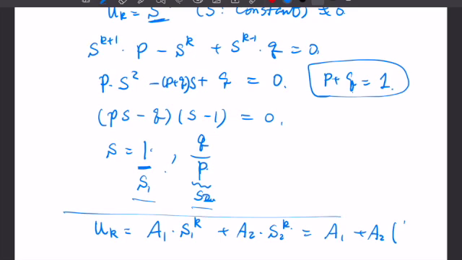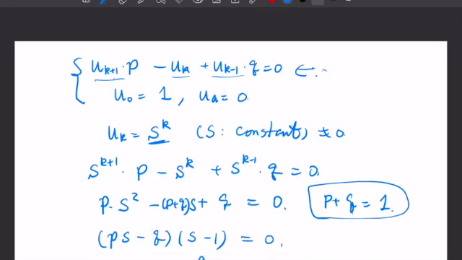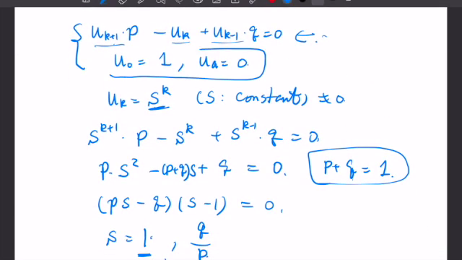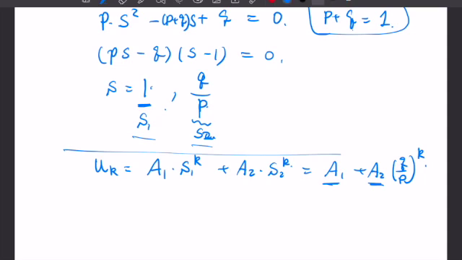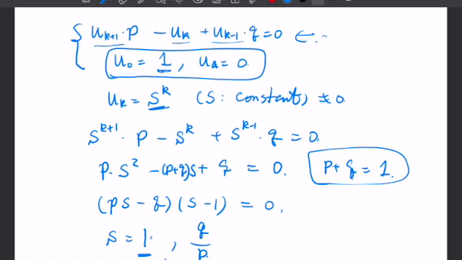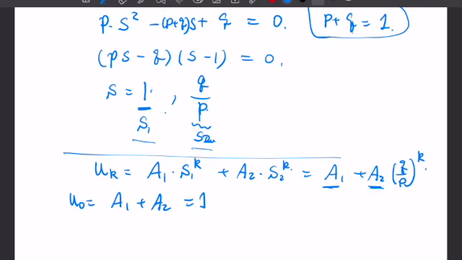And this is q over p to the power of k. Now we have to determine these constants based on the boundary conditions here. If we put k equal to 0, u0, that is a1 plus a2, which is equal to 1.